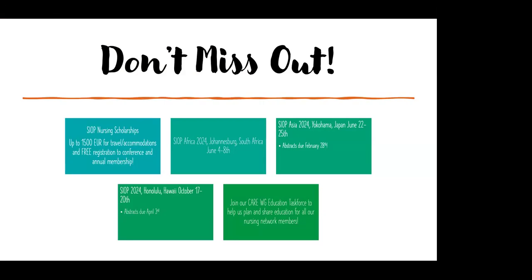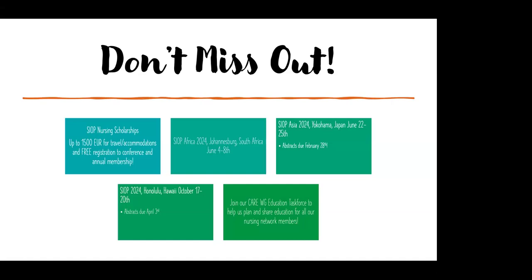We have SIOP Africa coming up June 4th through the 8th. The deadline for abstracts has passed for that conference. We have SIOP Asia in Yokohama, June 22nd through the 25th. And we still have a little bit more time for abstracts. They are due on February 28th.